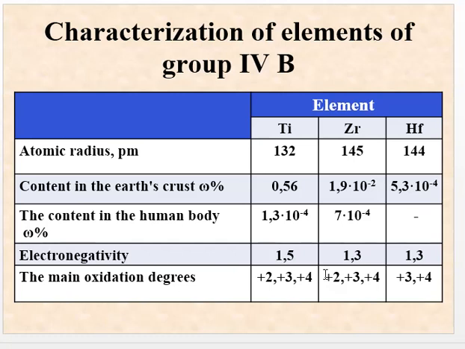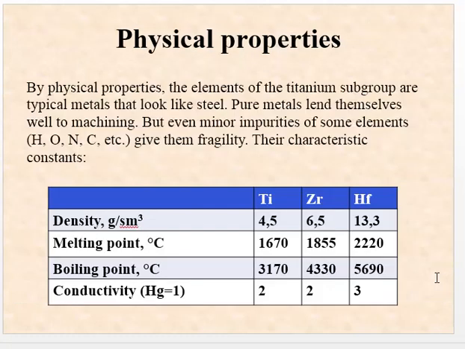About electronegativity: titanium 1.5, zirconium 1.3, and hafnium also 1.3. The main oxidation degrees of titanium and zirconium are the same, +2, +3, +4, and hafnium has oxidation degrees +3 and +4.